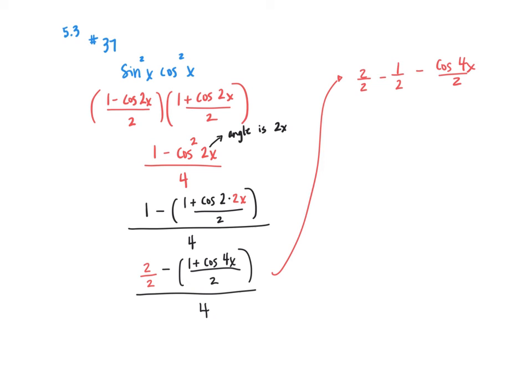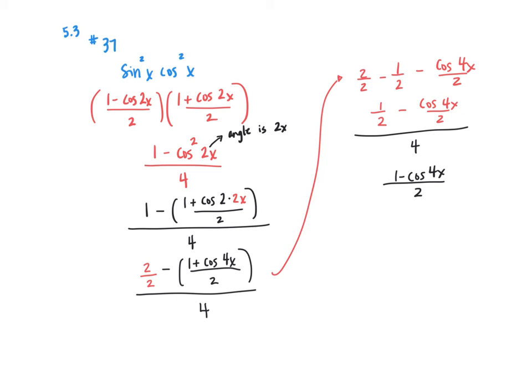Well, that's going to give me 1/2 minus the cosine of 4x over 2, all divided by 4. Now, if you wanted to write it as one piece, you've got 1 minus the cosine of 4x all over 2 divided by 4.